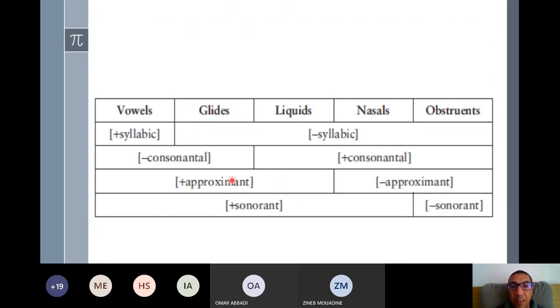The liquids, the glides and vowels are plus approximant. Nasals and obstruents, the stops and the fricatives, are minus approximant. Finally, the nasals, the liquids, the glides and vowels are all plus sonorant, and the obstruents are minus sonorant.